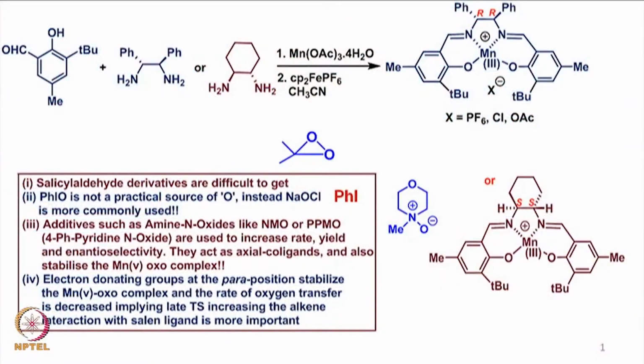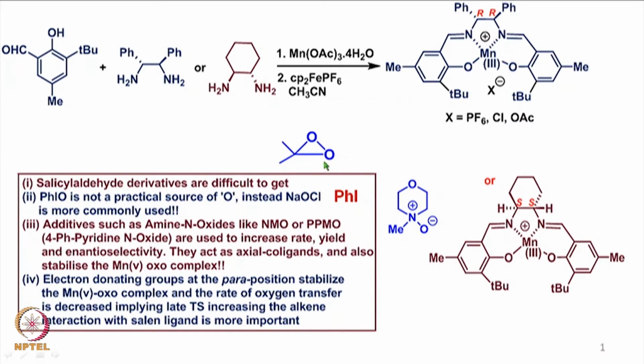Now we look at the condensation of aromatic aldehyde, that is salicylaldehyde derivatives, with C2 symmetry based amines like these two to form the corresponding Salen complexes in the presence of manganese triacetate. In the preparation of these Salen complexes, we have a choice where we can have either PF6, Cl or acetate ions as the counter ion, which also act as ligands.